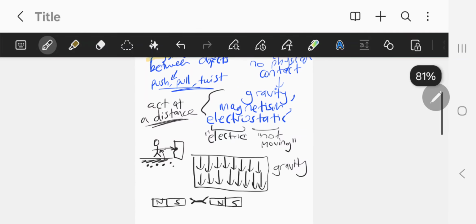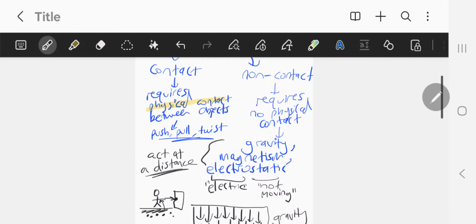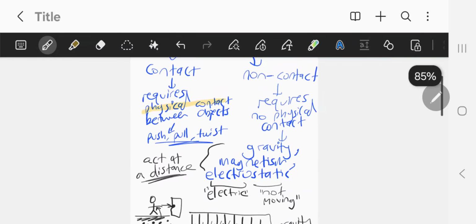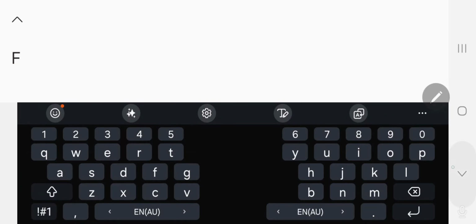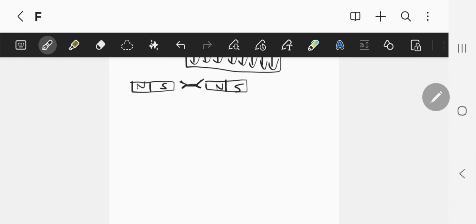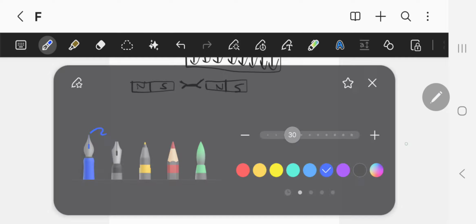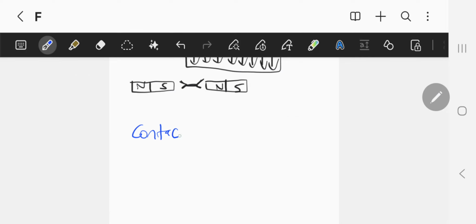So these are your contact and non-contact forces. With contact forces, aside from push, pull, and twist, you've also got friction and tension. These are two common ones in everyday life.